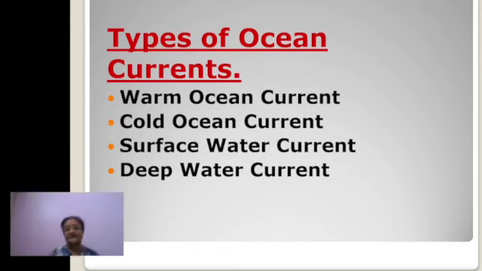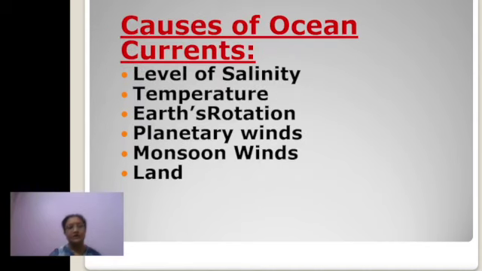They are seen at greater depth, below 400 or 450 meters, and till the base, or you can say the ocean basin. Within that depth, if the ocean current is flowing, that will be taken as the deep water current. That is the only difference. Okay, so basically these four types are there. Now in the next part, we have to discuss the causes of ocean currents.